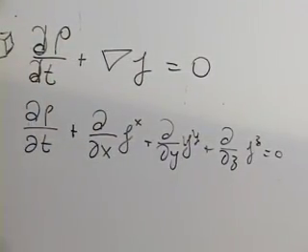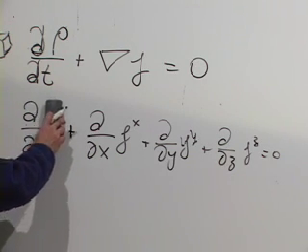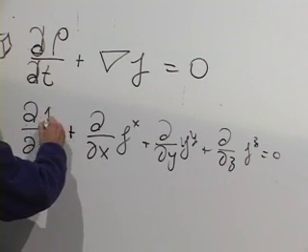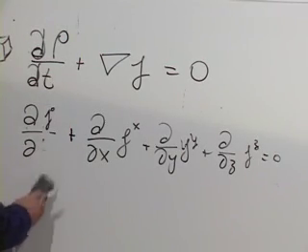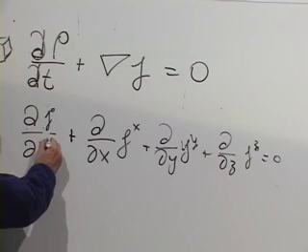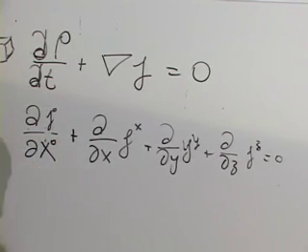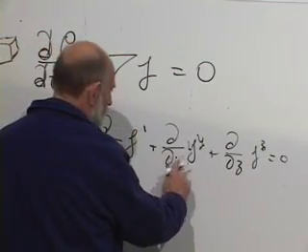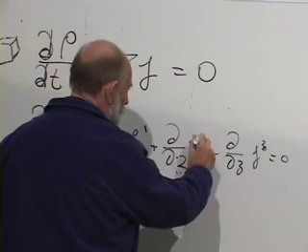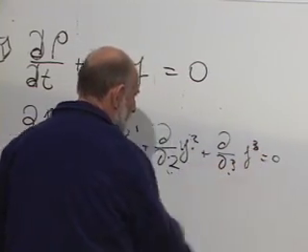But if I now call rho the time component of j, we can just write this as j naught, the time component. And we can call t the time component of the 4-vector of position. This becomes x1, x2, x3.